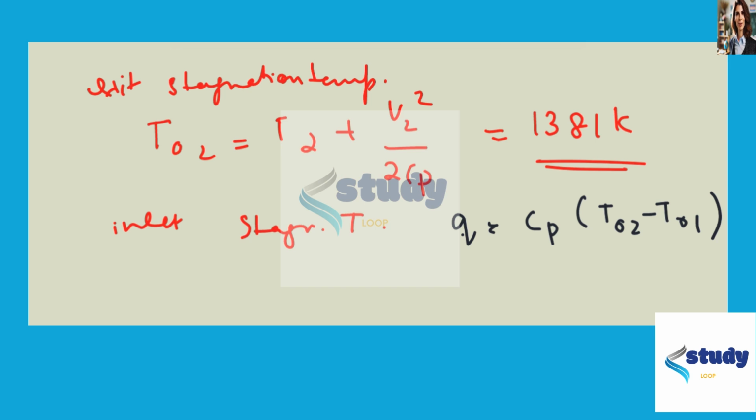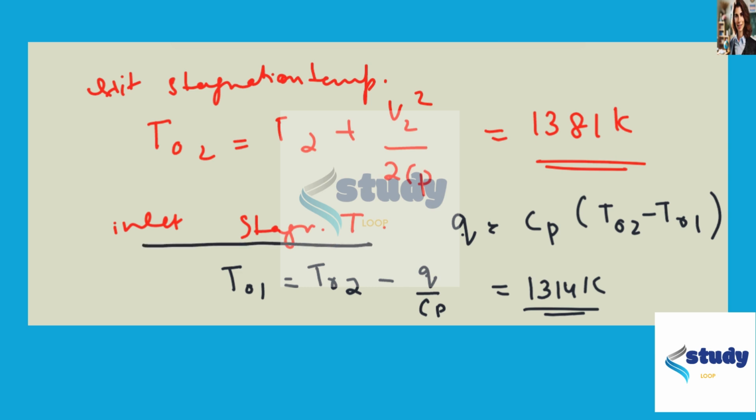Now from here we have to find T01, that is the inlet stagnation temperature, right? So from this we have T01 equals T02 minus Q upon Cp, and that equals 1314 Kelvin. This is the inlet stagnation temperature, and this was exit stagnation. So exit is T02 and inlet is T01.